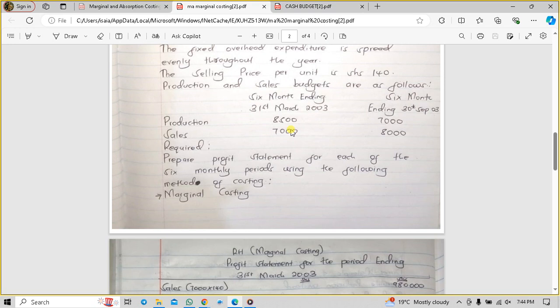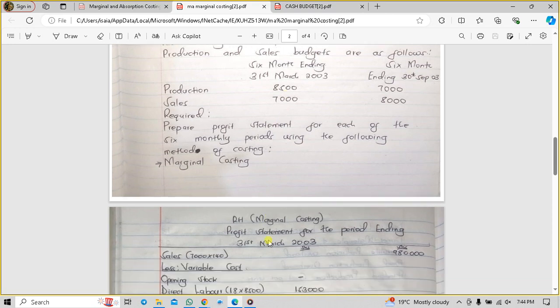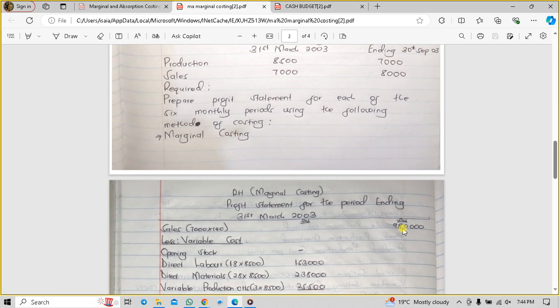If you want to get sales in shillings, the selling price per unit is 140 shillings. So what are we going to do? 7,000 times 140, so that we get the sales in form of money, because you are preparing this profit statement in form of shillings. So we convert the units to money. So 7,000 times selling price per unit, it means that we will have 980,000.